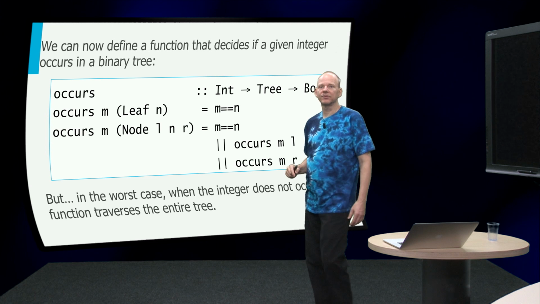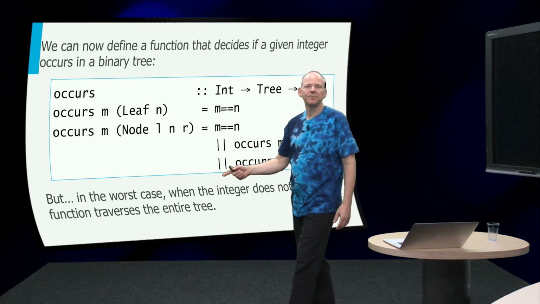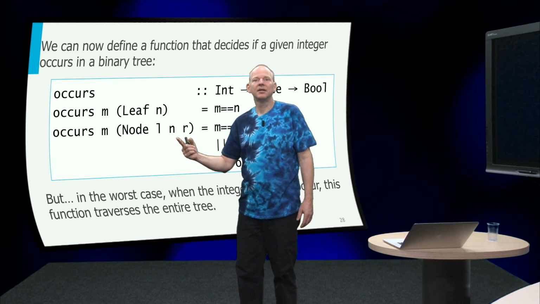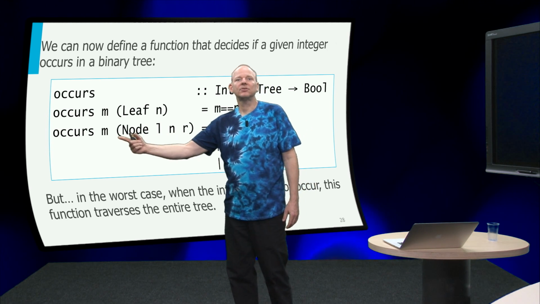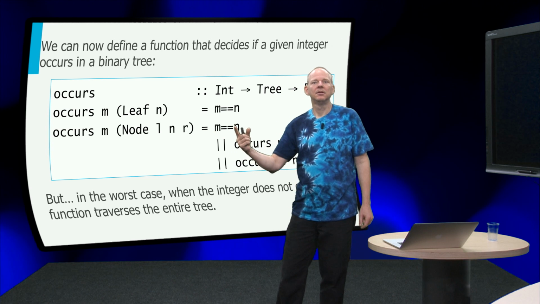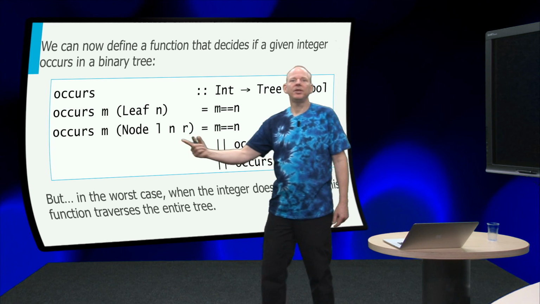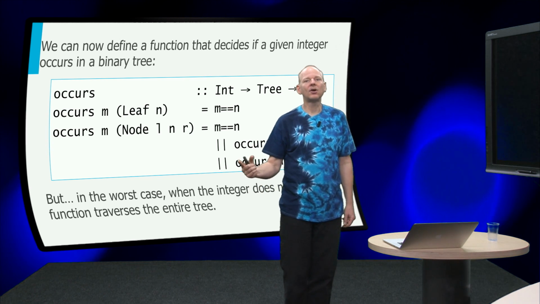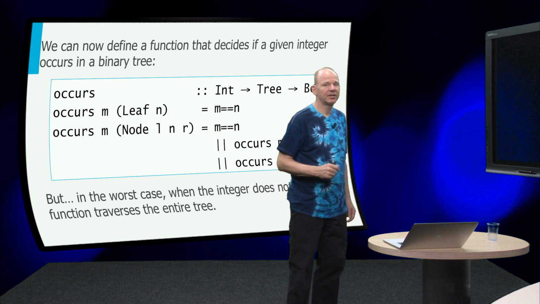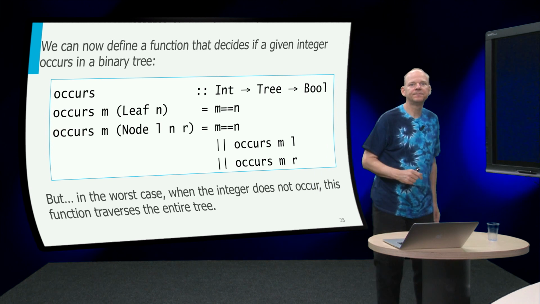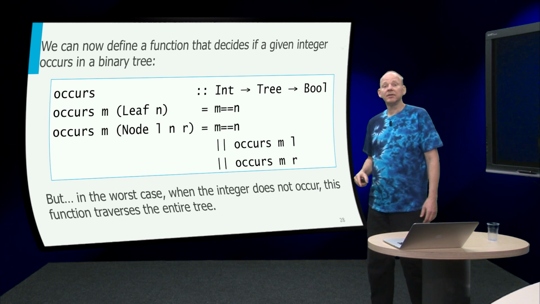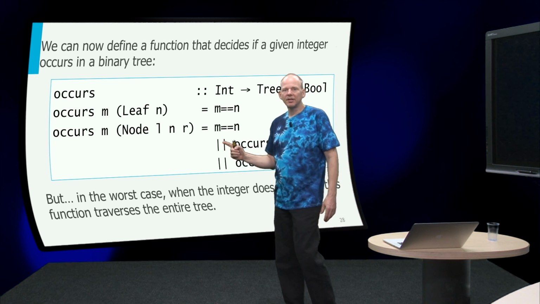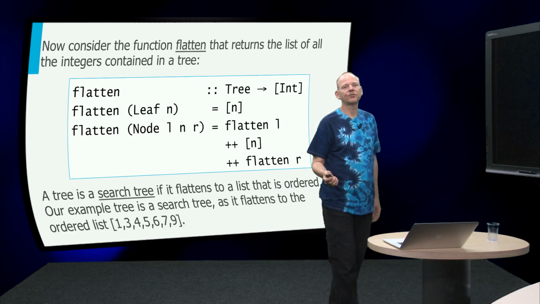And that's the result of the Boolean, no recursive invocation. When we have a node, we check whether the value at that node is the one we're looking for, or we check whether the value occurs in the left subtree, or we check whether it appears in the right subtree. But when the integer does not occur in the tree, we will traverse the whole tree.